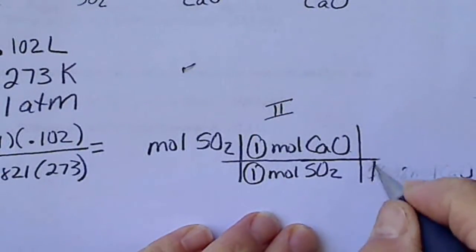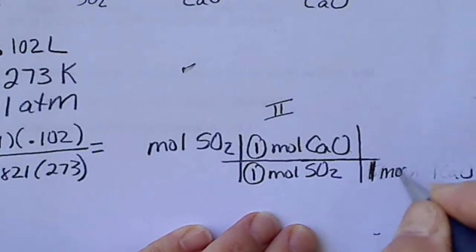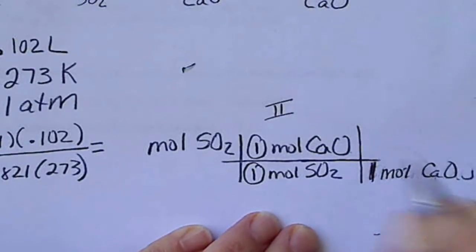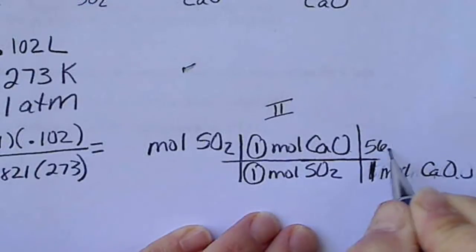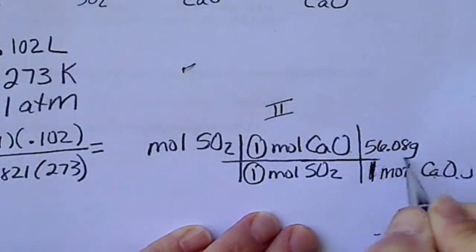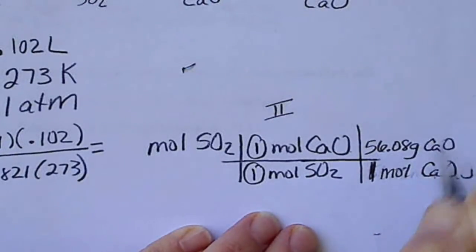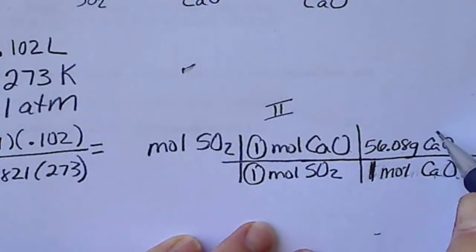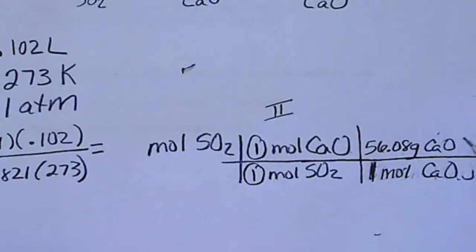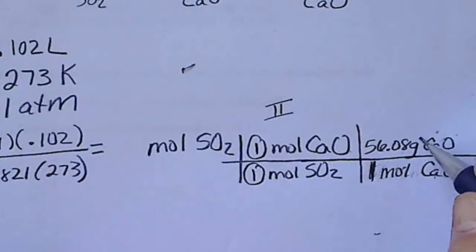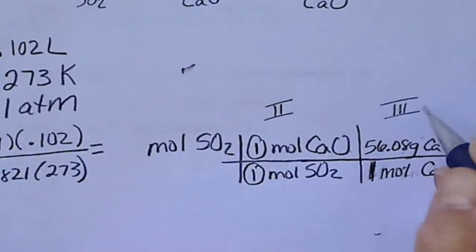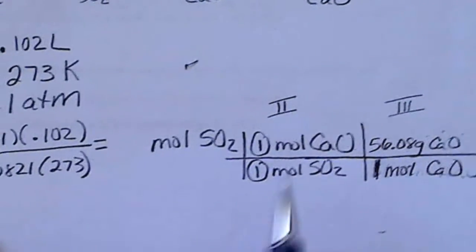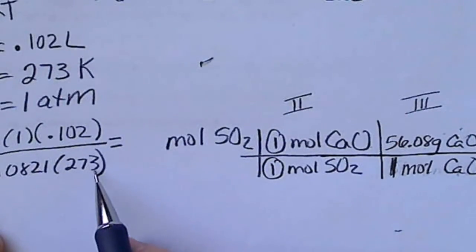So the mole, the big fat 1 mole, goes on the bottom, and the 56.08 grams goes on the top. Calcium weighs 40.08, oxygen weighs 16, so that's our molar mass step, step 3.